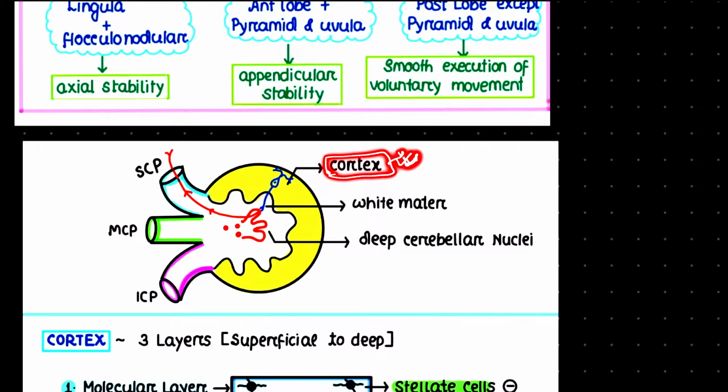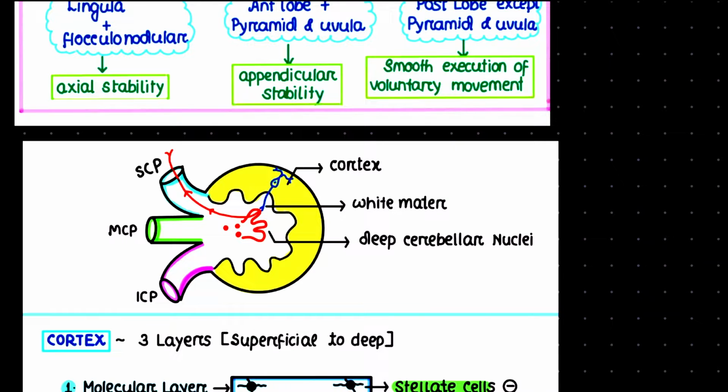Similarly, moving further inside, the white matter consists of different deep nuclei, the cerebellar nuclei, which we will be discussing further. The peduncles consist of different cerebellar tracts, and about that also we'll be discussing.